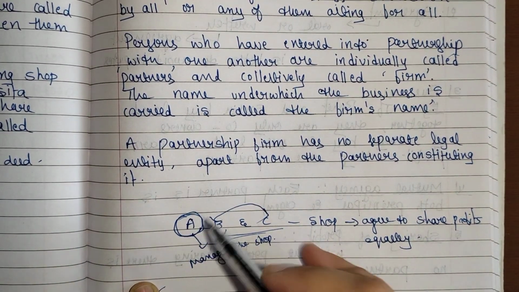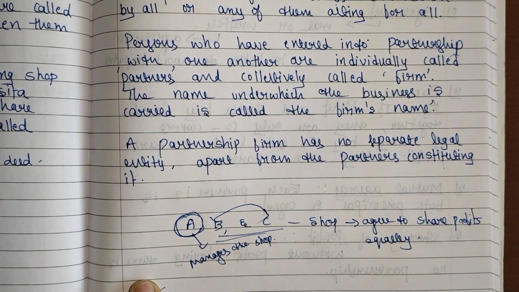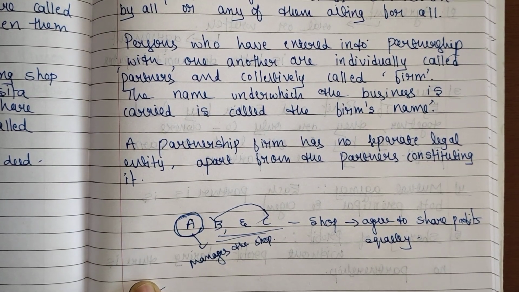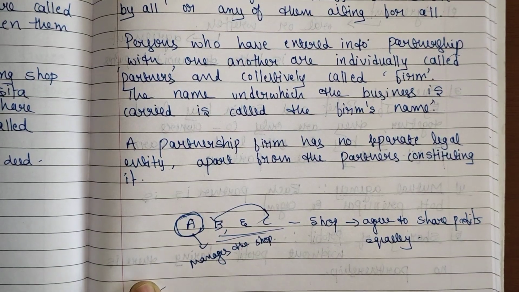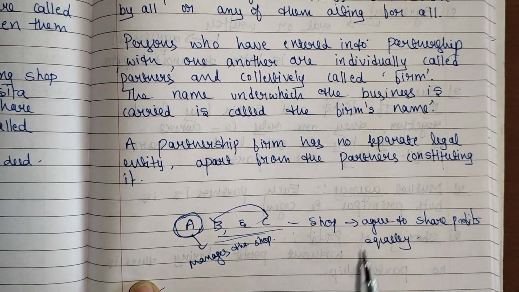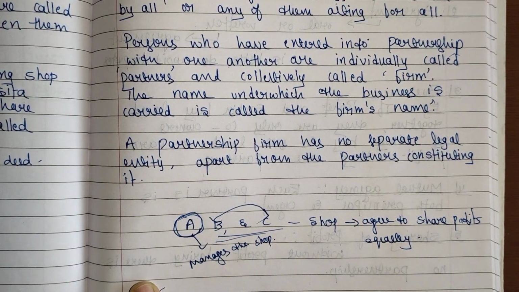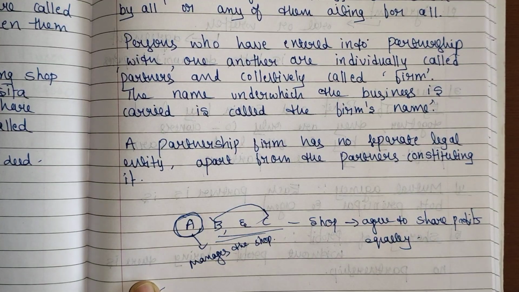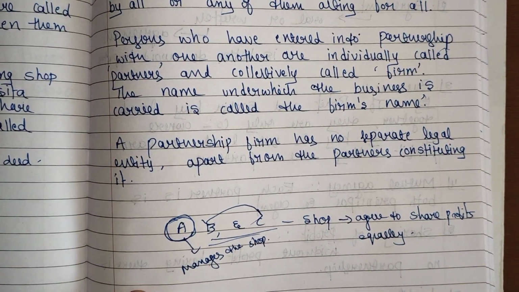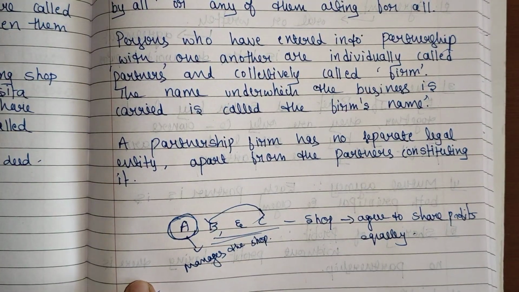A manages or handles the files or bills, and he does it for all the partners because they are in a partnership relationship and agree to share the profits equally. Even if only one partner manages the business, he does it for all the partners. That is what the definition says. I hope this definition is clear to you all.